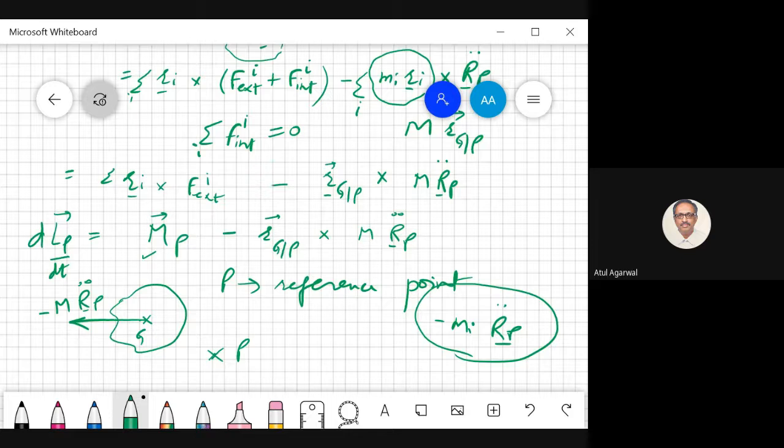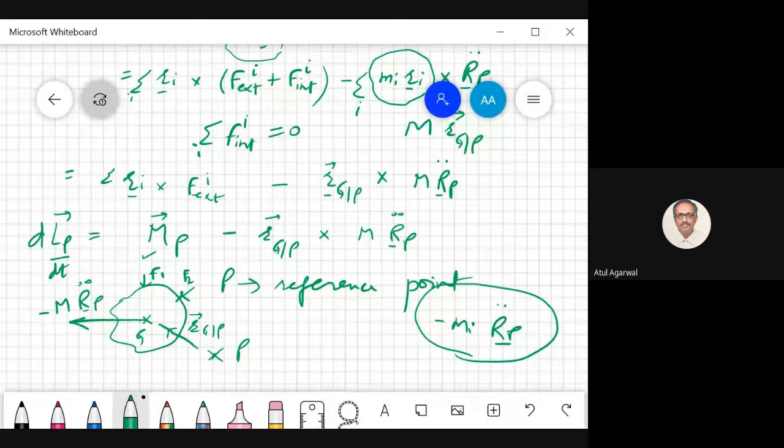So what will happen? Since Rp double dot is constant, it is the acceleration of that reference point, the inertial force will act at the centroid, net inertial force. And you have to find the moment of this net inertial force about this reference point P. So this is what is happening. This is Rg with respect to P. So you are assuming whatever are the other external forces, you are adding another force equal to this inertial force at the centroid.